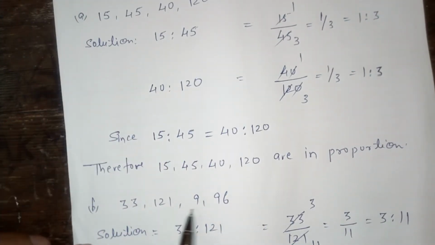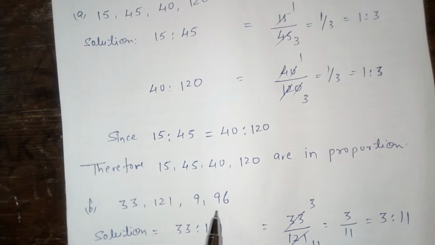Okay, now my dear students, your next question is 33, 121, 9 and 96. There are four numbers. For these four numbers we will apply the same procedure.